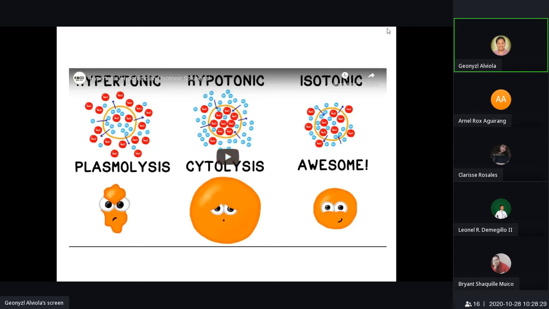So, sa dextrose, dapat ang concentration ng sugar sa dextrose, equal siya sa plasma ng nasa ating blood vessel. Kay para dili maapektuhan ang mga blood cells sa atong circulation.